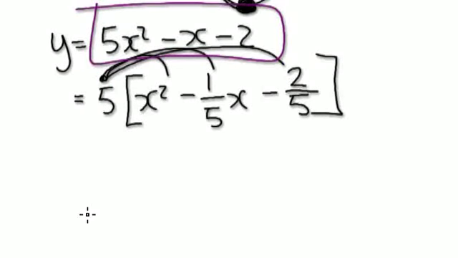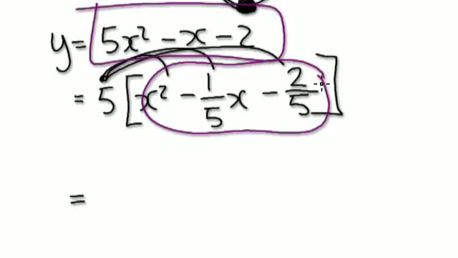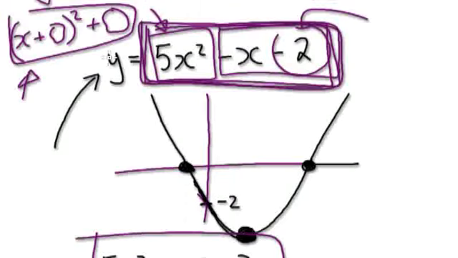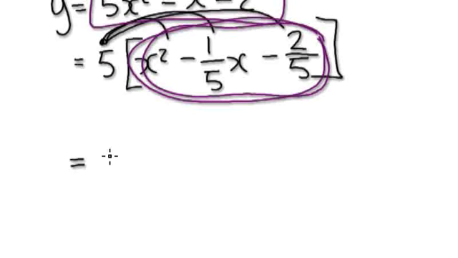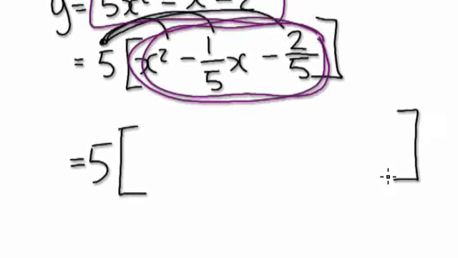So basically this whole thing here is exactly the same as this, but just written differently. So now just concentrate on this bit here. Concentrate on getting what's in here in this form. Let me take this down here, bracket, and then bracket. We are just concentrating on what's inside here.